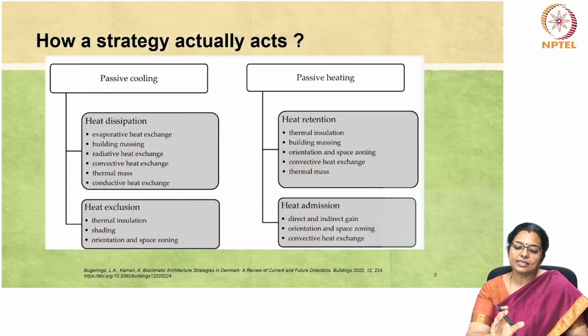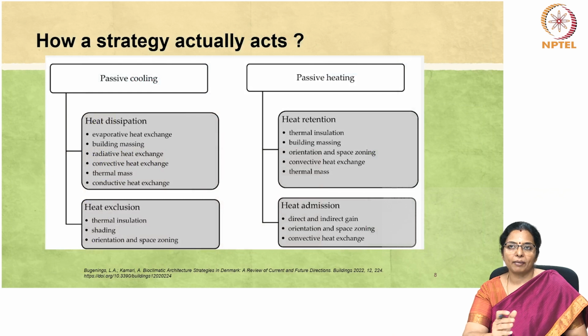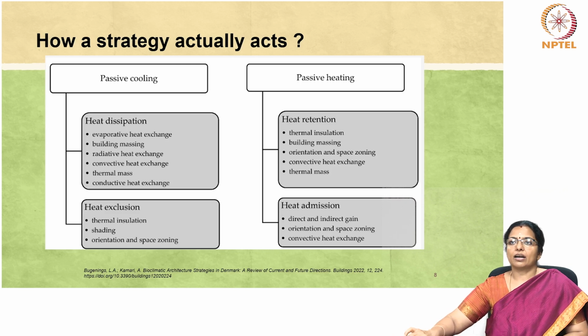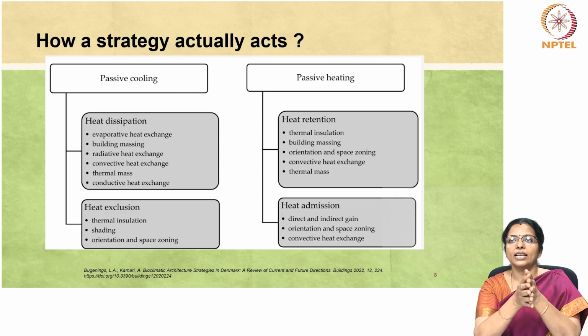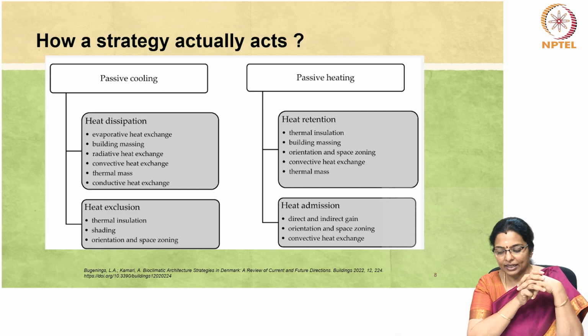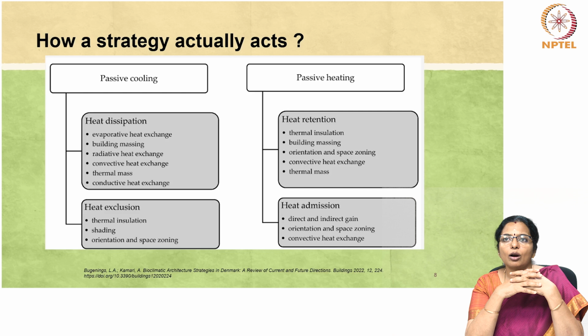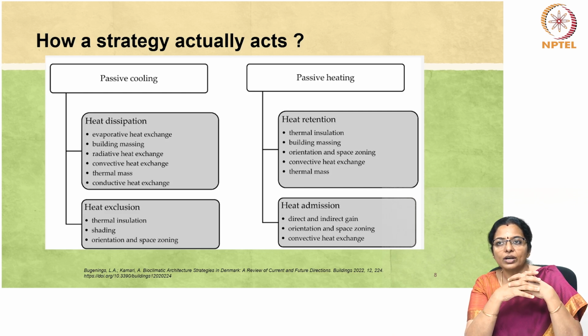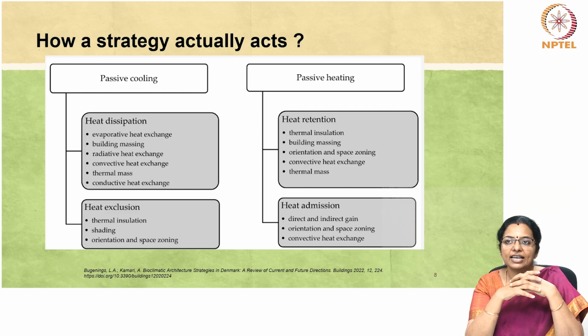Now, how does passive cooling or passive heating actually work? So, there are actually two approaches in bioclimatic architecture: analytical bioclimatic design and symptomatic bioclimatic design. Now, the analytical bioclimatic design involves studying the local climate, recognizing its bioclimate features and devising appropriate strategies accordingly.